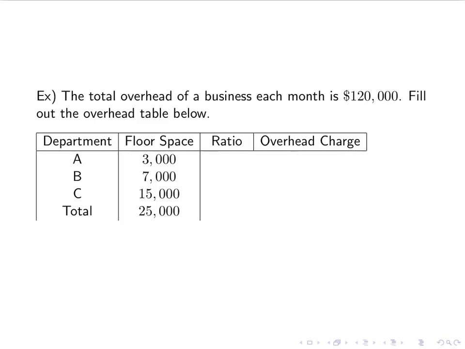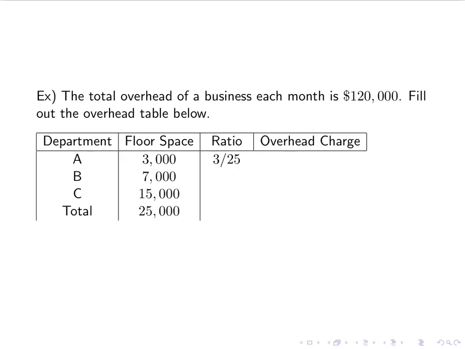So remember, to find the ratio for Department A, I'm going to take the floor space for A, divide it by the total floor space. Now the nice thing about these numbers is they're all numbers of thousands, so I can cancel the 3 zeros. And the ratio for Department A is just 3 over 25.